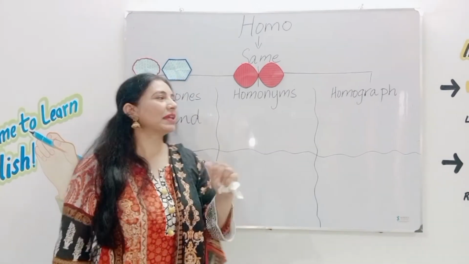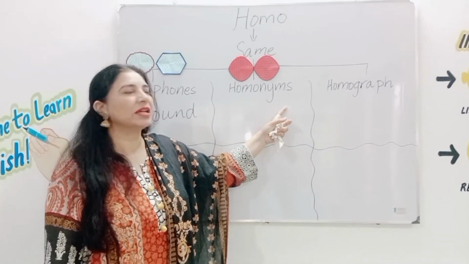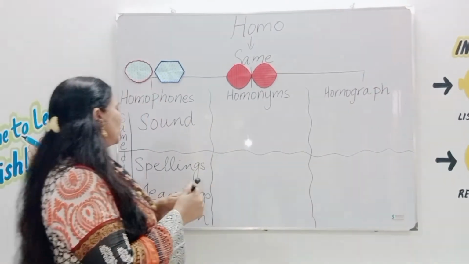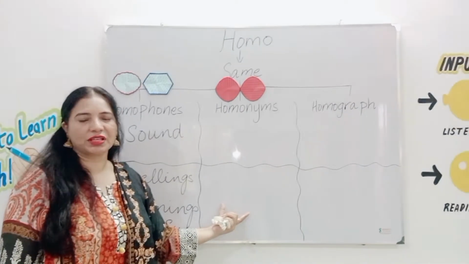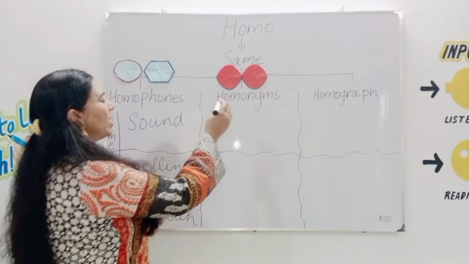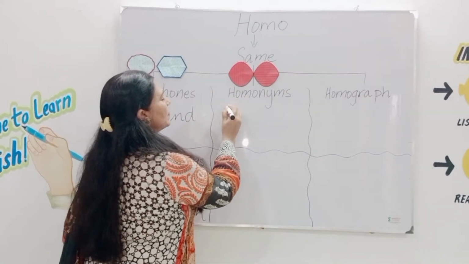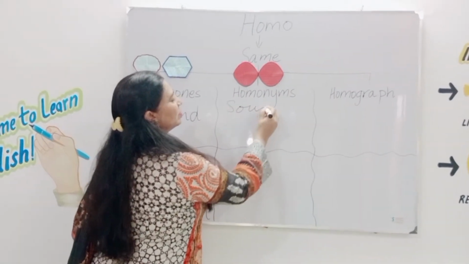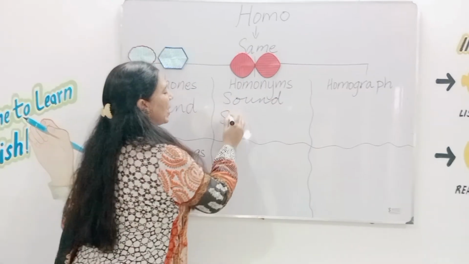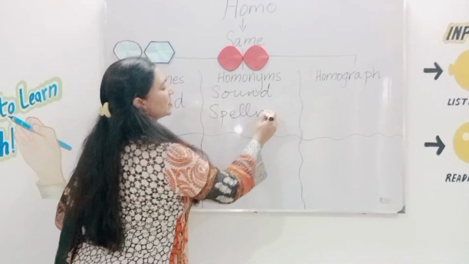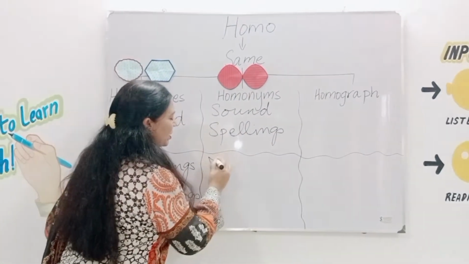Similarly, homonyms are the pair of words in English that have two similarities and one difference. And what is that? A pair of homonyms will have the same sound, their pronunciation will be the same, and then the same spellings. But they are different in their meanings.